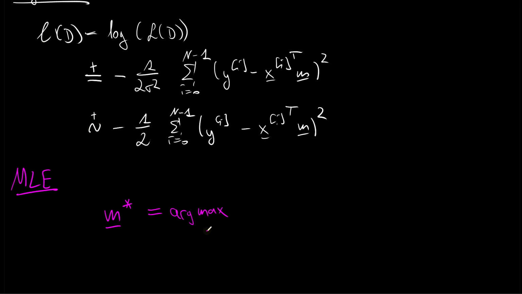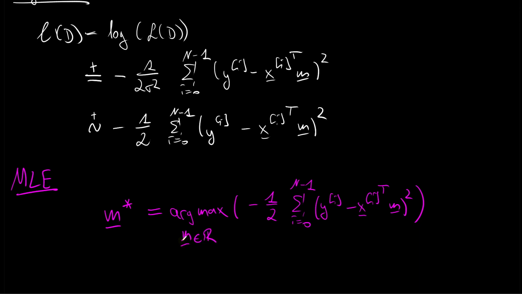So we will apply this arg maximization over this expression, minus 1/2 summation from i=0 to capital N minus 1 over (yi minus xi transpose m) in brackets squared, and then closing brackets. And we are optimizing over all m's from a d-dimensional space. So m will be a d-dimensional vector, with d being, for instance, 2 in our case here. And then we will find the 2 entries by performing this arg maximization.